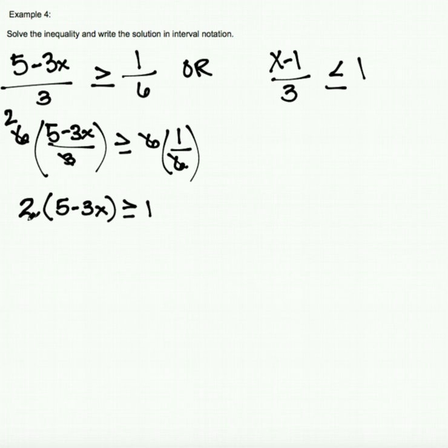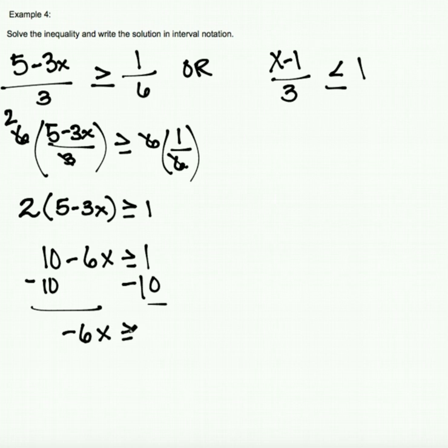All right, I'm going to go ahead and solve by distributing. So that gives me 10 minus 6x is greater than or equal to 1. I'm trying to get the x by itself, so I'm going to subtract 10 from both sides. That leaves me with negative 6x is greater than or equal to 1 minus 10, which is negative 9.